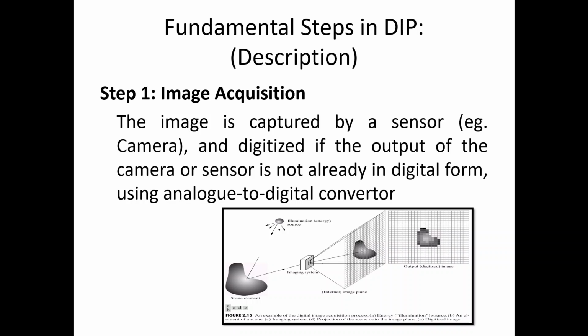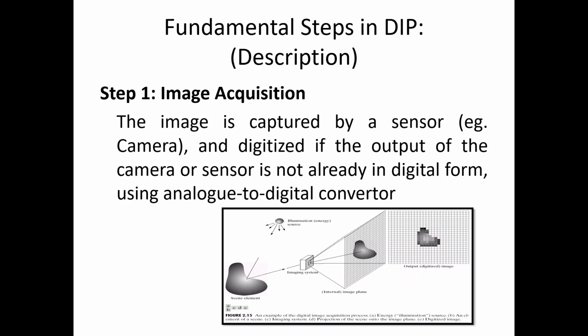As I already told you, if you want to take an image using any device, there is definitely an inbuilt function that works in the form of an analog to digital converter.